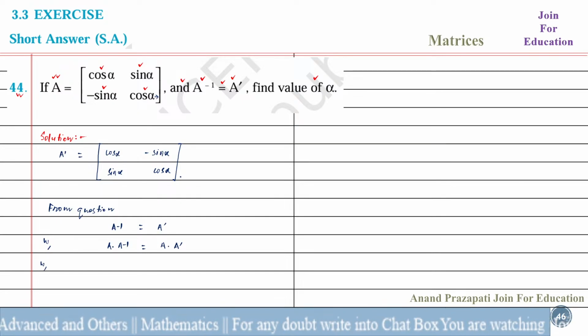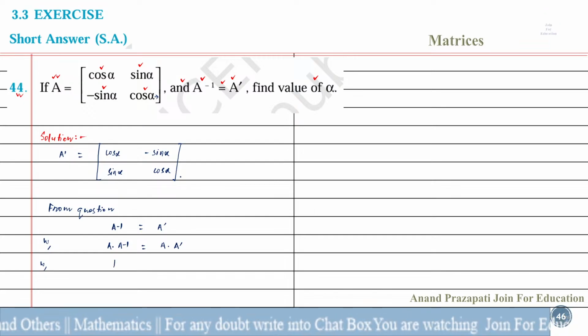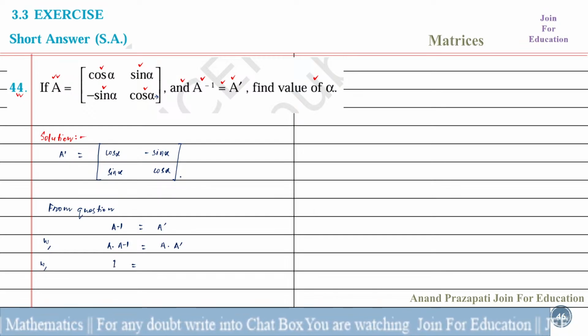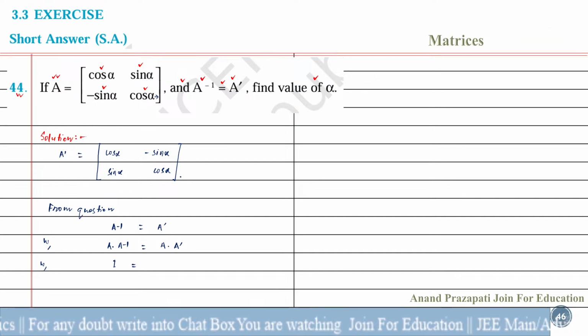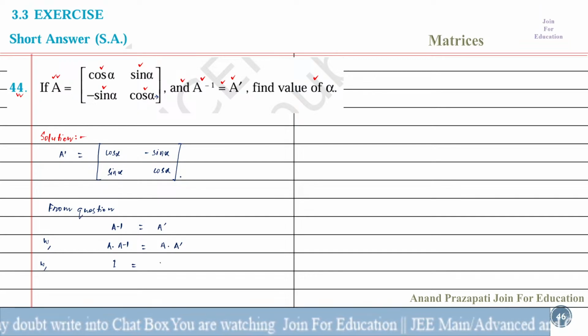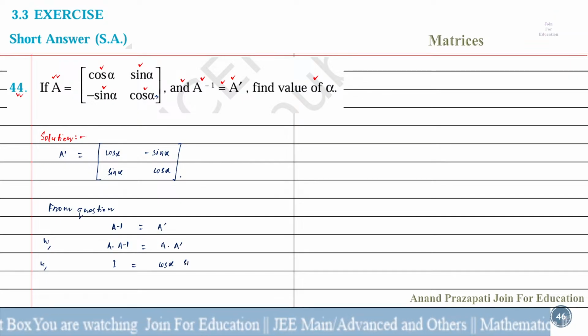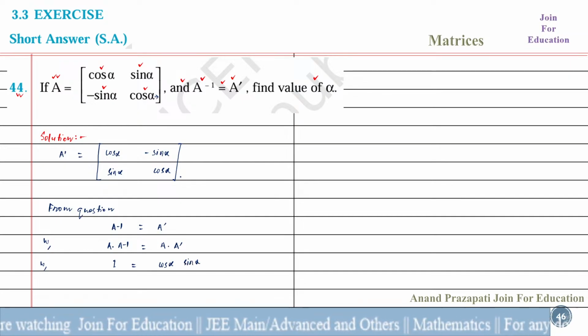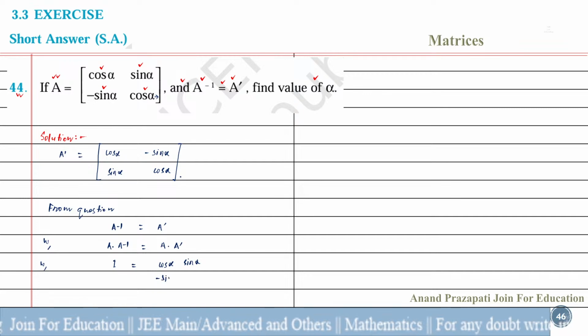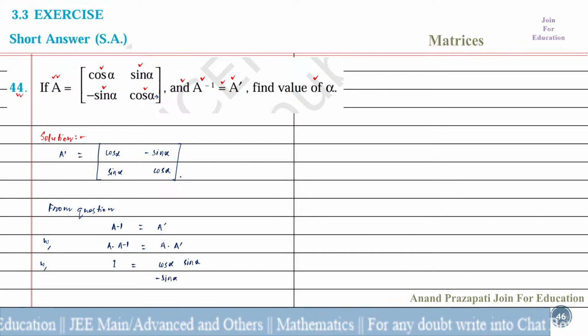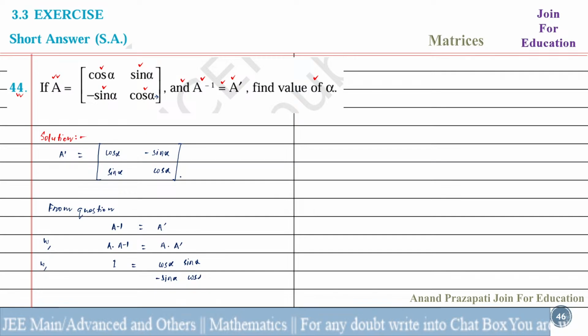We know that A into inverse of A is the identity matrix, and we write down here matrix A is cos alpha, sin alpha, minus sin alpha, and this is the cos alpha.